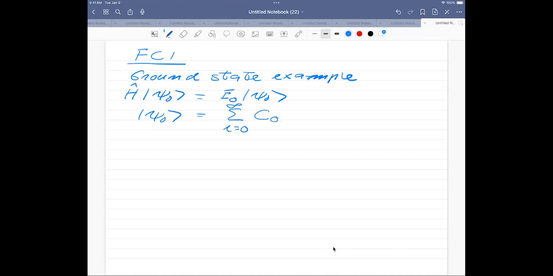This is given by the overlap coefficients with the Slater determinant basis. It doesn't need to be a basis of Slater determinants. It could be just a given orthogonal basis which we have chosen to use. And these basis states are assumed to be orthonormal, so we have this orthogonalization criterion here.